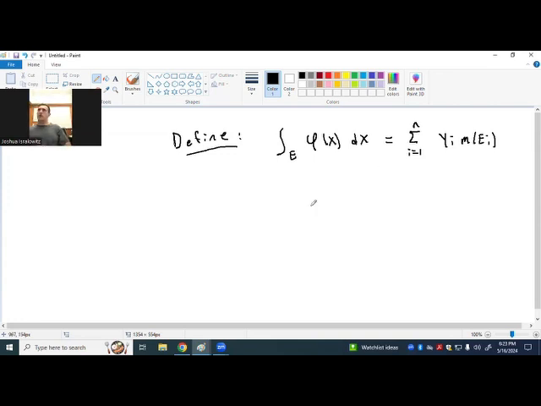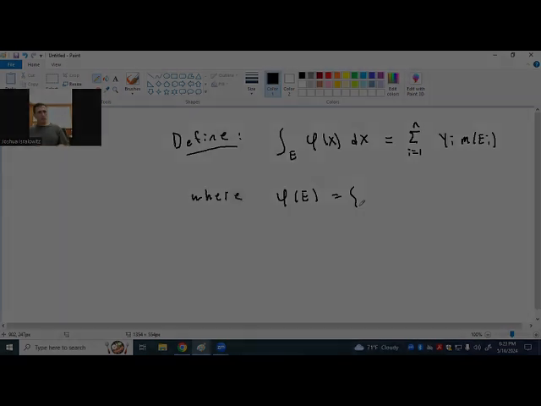Yeah, so I'll do it this way. So here, this is a simple function. So let's say the image, and I'm only going to do this for a non-negative simple function.